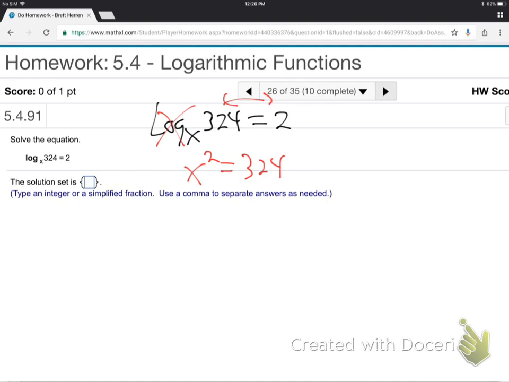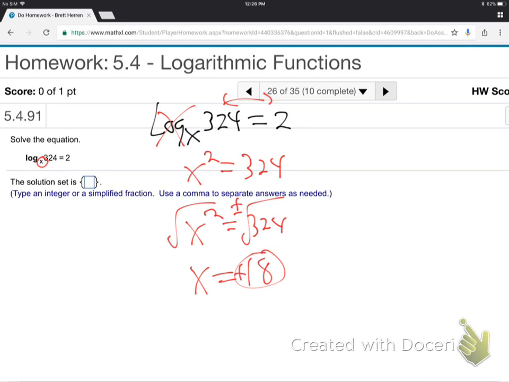Now how do you solve that for x? It's rooted. So x equals, I don't know what it is, 17? 18? 18. Good? Normally we would do plus or minus, but you can't, because the base of a log can't be negative. So it's only the plus 18.